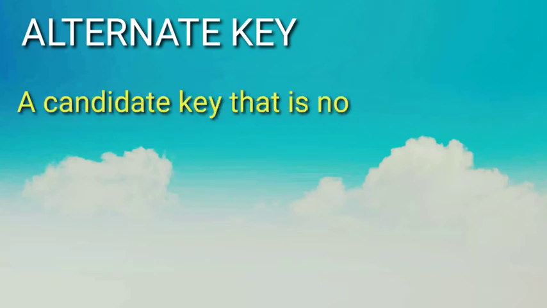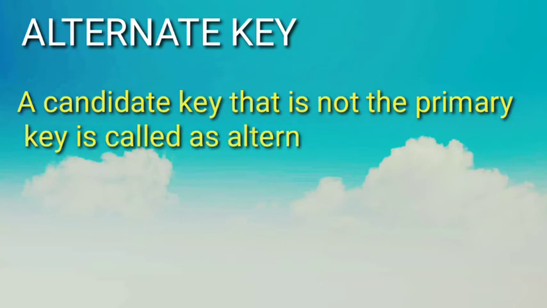Moving further, the third one is the alternate key. A candidate key which is not served as the primary key is called the alternate key. You can understand it like this: if in a table there are two or more candidate keys, only one of them serves as a primary key, so the rest of them will be called alternate keys.